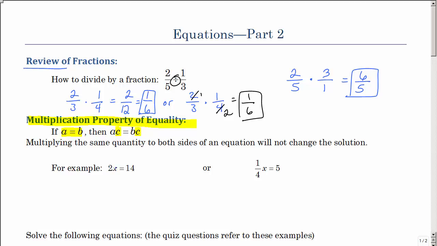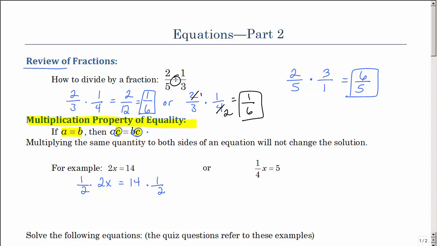So let's see. If I have 2 times x equals 14, and I want to take that equation and multiply both sides by 1/2. My multiplication property of equality says as long as I multiply both sides of the equation by the same thing, it keeps it equal.